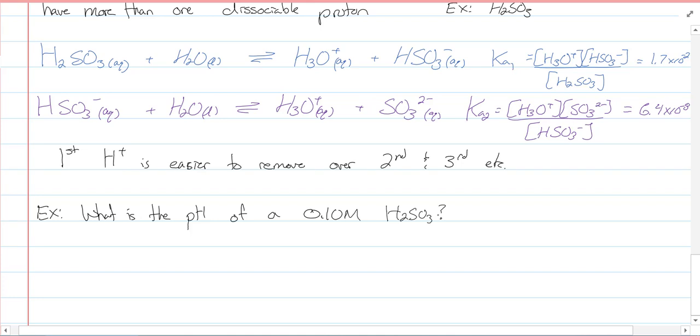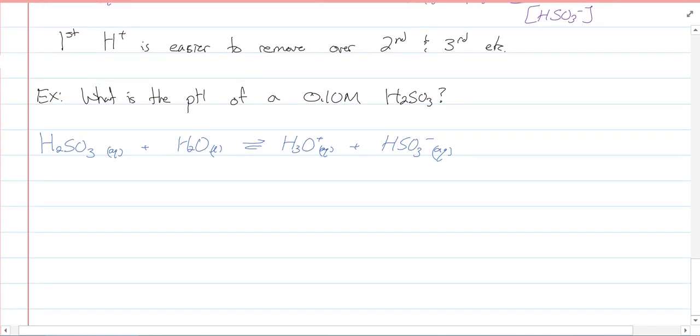And we got our K values right there. So back to Ka1, H2SO3, water, going to hydronium and HSO3 minus, hydrogen sulfite.